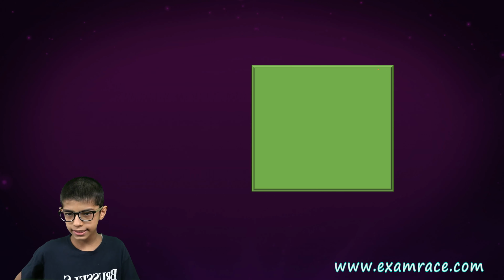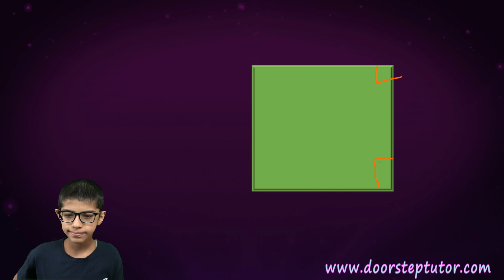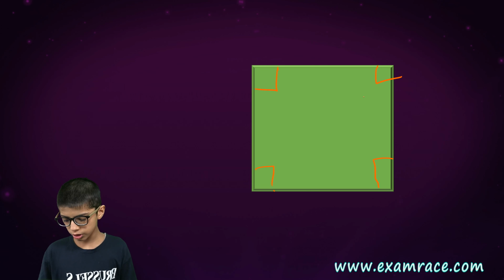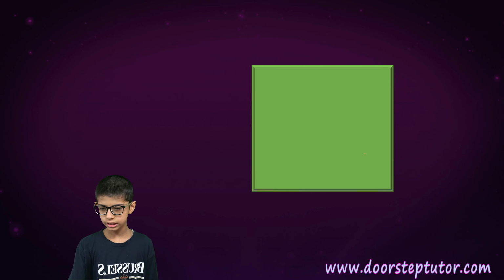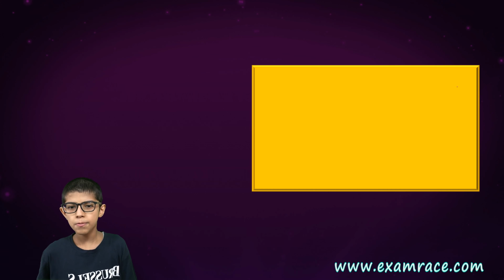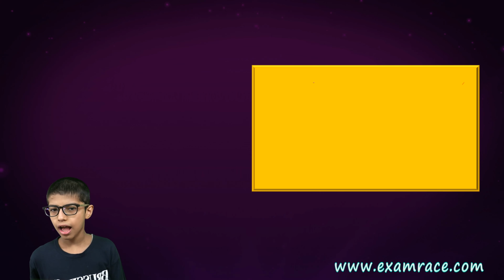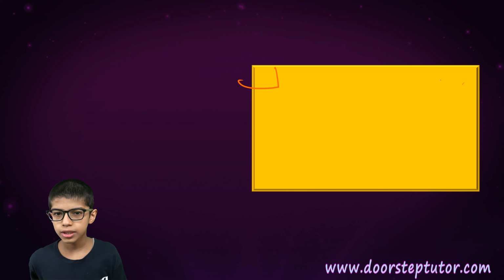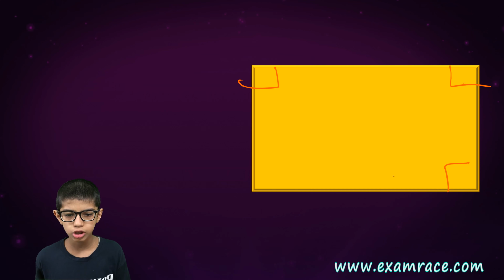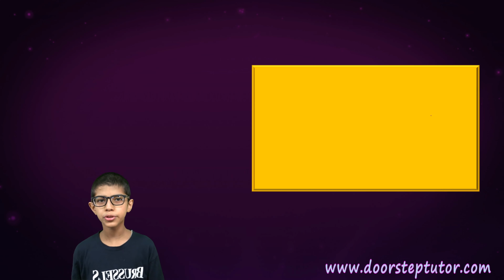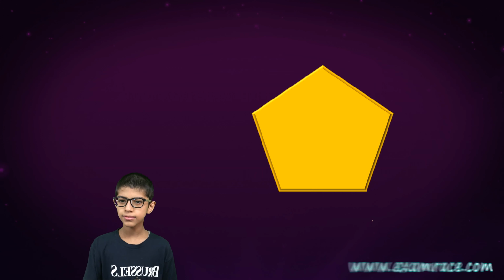So, as you see, all these angles are 90 degrees. So, 90 degrees into 4, which is 360 degrees. Now, in a rectangle also, it would be the same. How? Yes, because a rectangle also has four 90 degree angles only. Do you know a square is a rectangle?